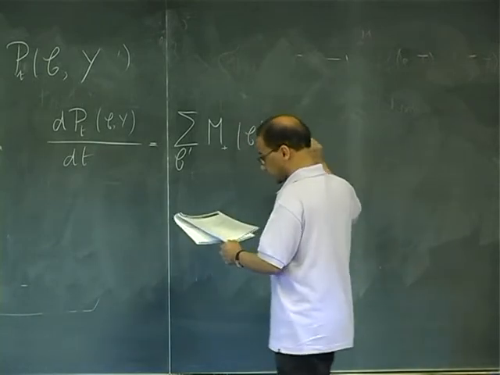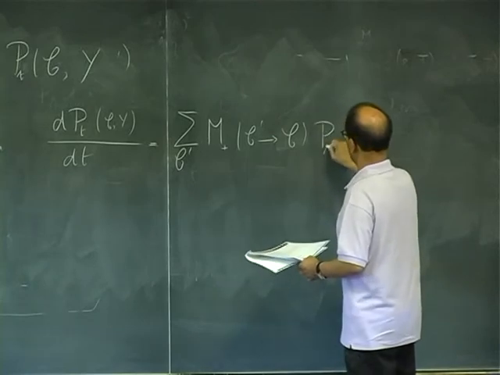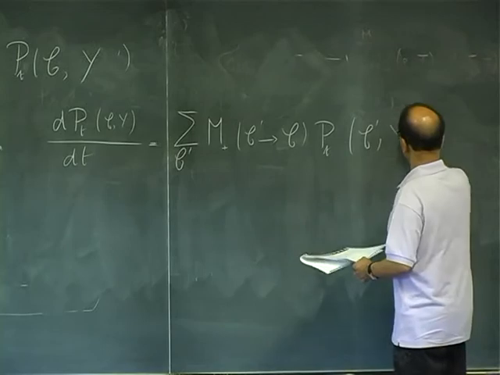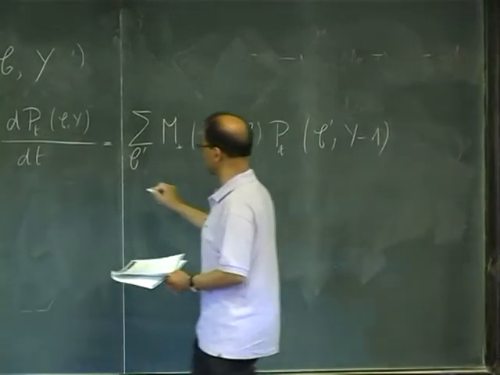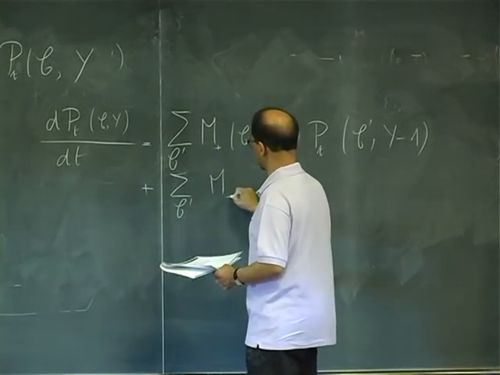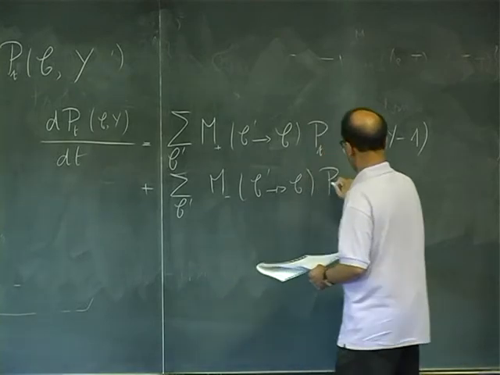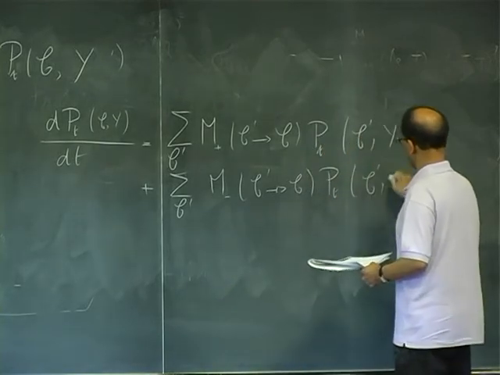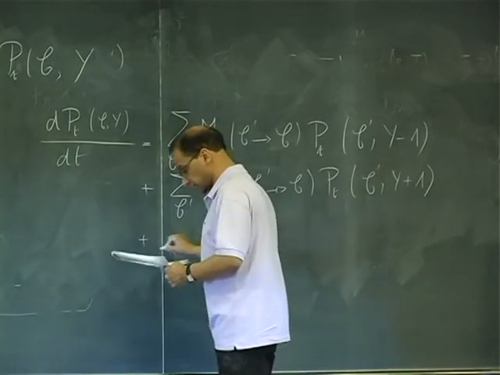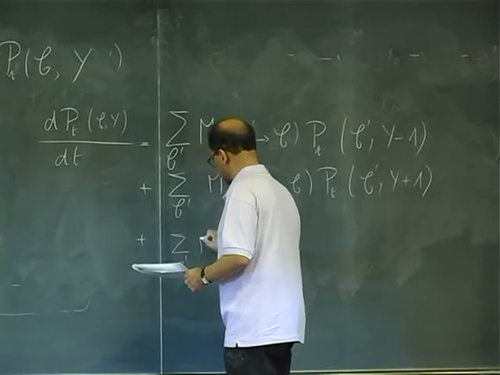I can explain it to you if you ask me individually or during exercise class. I just first write it, and I think then you will find it simple to understand. So these are the forward jumps. These are the backward jumps. And these are the null jumps. The jumps which do not affect.